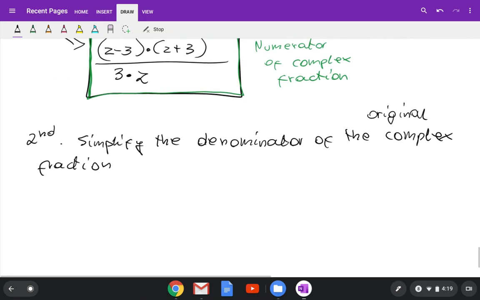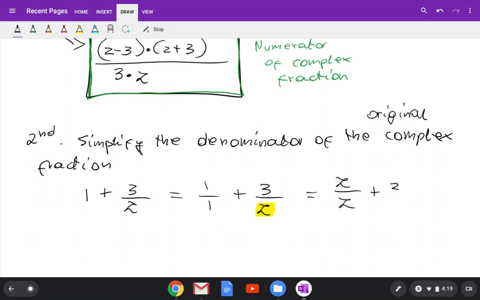So the denominator was 1 plus 3 over z. So here, guys, you have a 1, which is the same as 1 over 1, plus 3 over z. Like you see, our common denominator will be z. We need that z, so when you have 1, you should just rewrite that 1 as z over z. Like you see, z divided by z will give you 1, plus 3 over z.